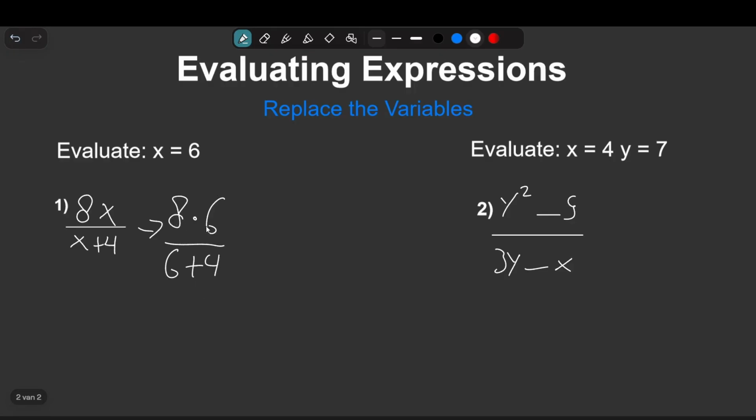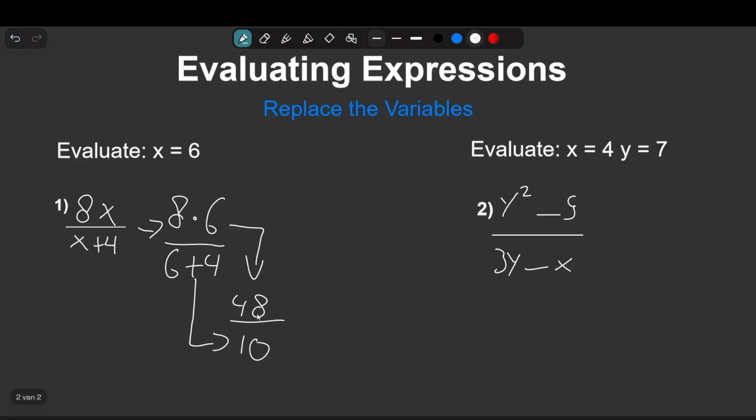We can start by solving the top and then the bottom. So for the top, we have 8 times 6, so 8 times 6 is going to equal 48. So now we're done with the top, we can go to the bottom. So 6 plus 4 will equal 10.